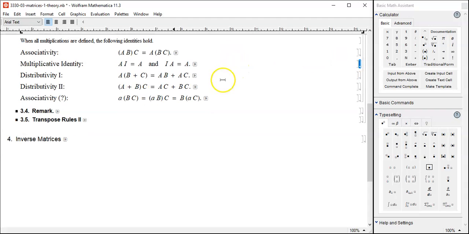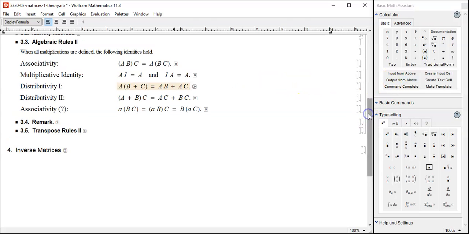Next, how about the distributive law? Even though we have 3 matrices, this is a lot easier than the associative law. Why? In that case, we have to consider m by n and then n by p and then p by q, the size of the matrices, and the indices ij, jk, kl.